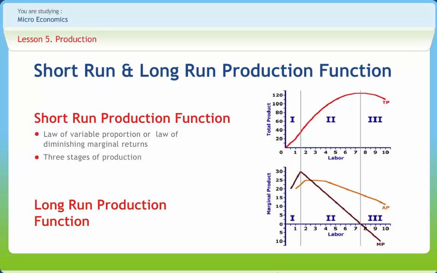For example, one worker contributes 10 units of output to production, the next worker contributes another 12 units, and the subsequent worker contributes 14 units. With increasing marginal returns, each worker contributes more to production than the previous worker.